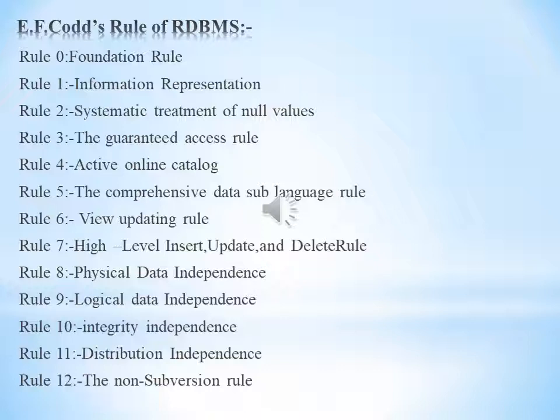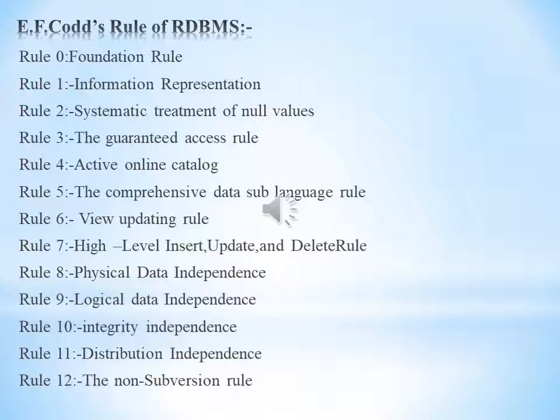Then, next thing, rule number 4 is the active online catalog. The description of the structure of the entire database must be stored in an online catalog known as the data dictionary. And the data dictionary can be accessed by authorized users. Metadata should be maintained for all the data in the database.